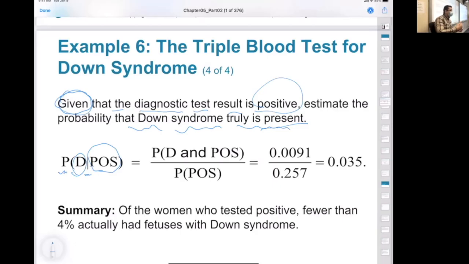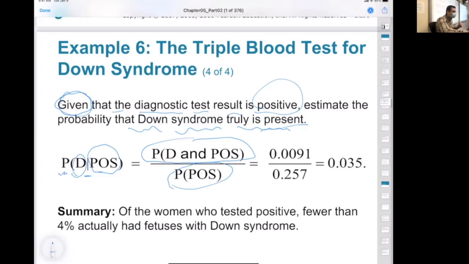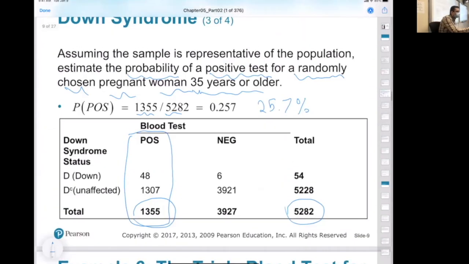So apply the conditional rule, the probability of D and positive, which we can find from the table, divided by the probability of positive. Okay, we already found the probability of positive from the previous question, 0.257. And we need to find the probability of D and positive, the intersection between these two events.